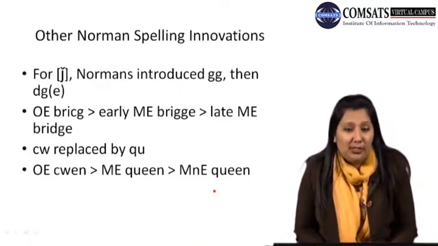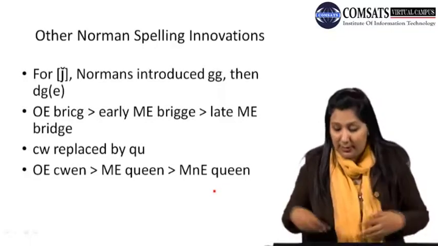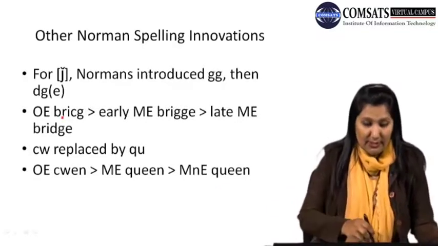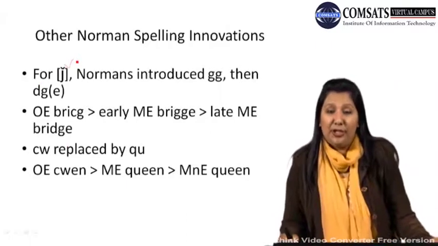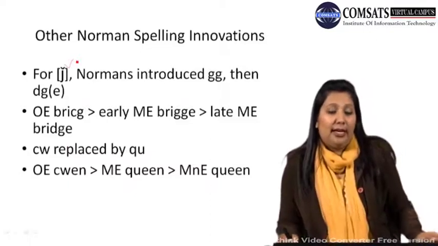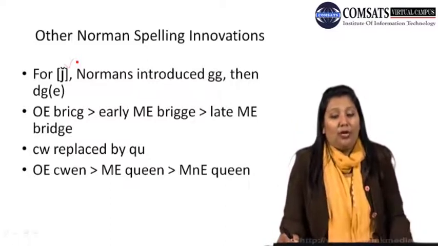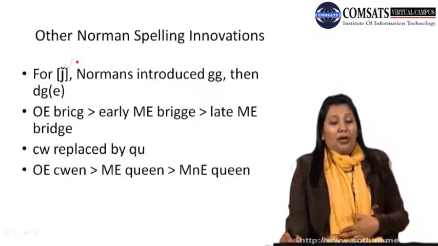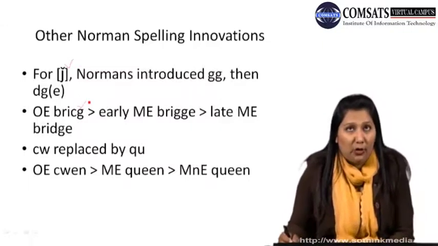There were some other Norman spelling innovations as well. For the j sound, it is written as j. They introduced double G in the spellings, and then they introduced DG and then E. For example, in Old English there was a word brycg.